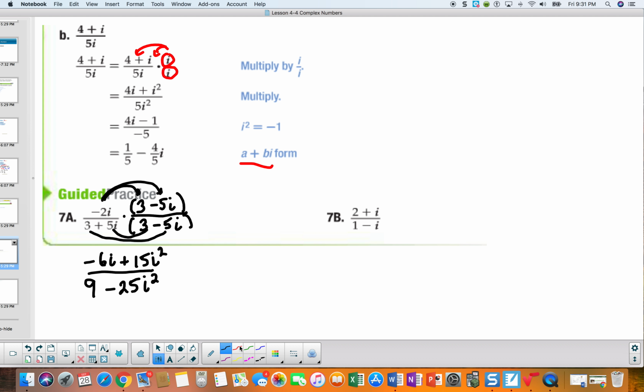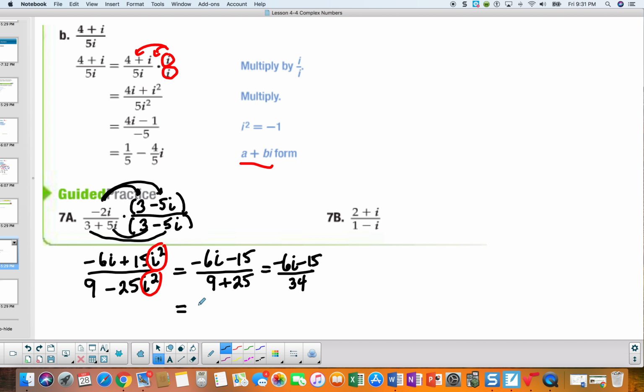Now, remember, these i squares are just -1. So now I'm going to say negative 6i minus 15 all over, and then this is going to be 9, and then this is going to be plus 25. So now we have negative 6i minus 15 all over 34.